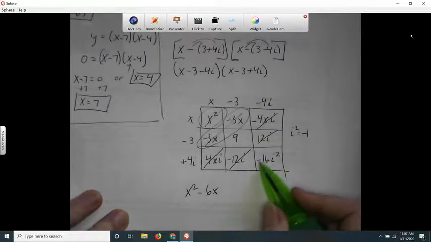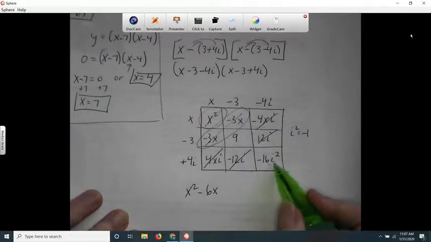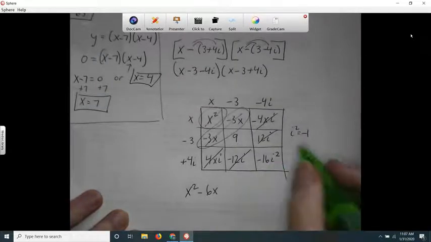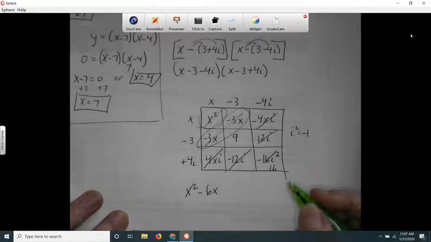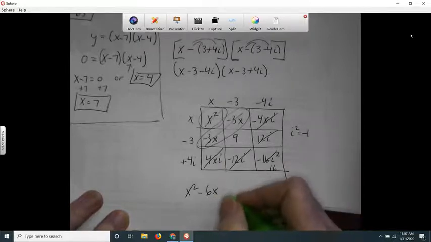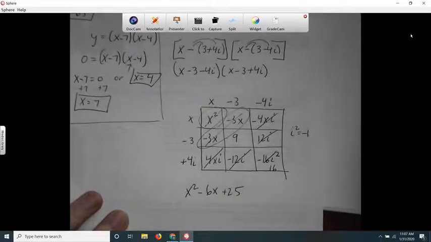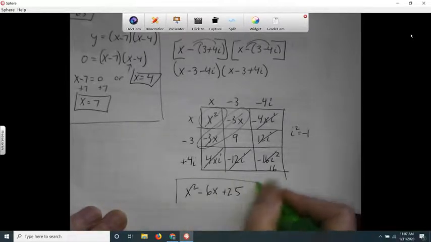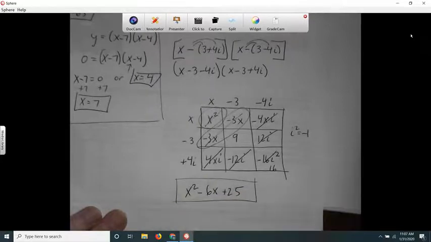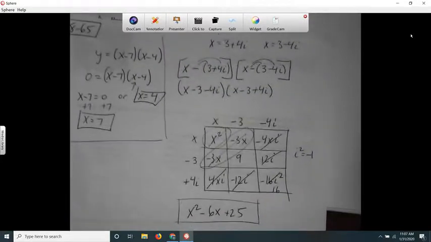So this is negative 16 times negative 1. So this is actually 16. And 16 plus 9, I think, is 25. So I think we get this. So that must have been the original. And then, oh, and it says right here.